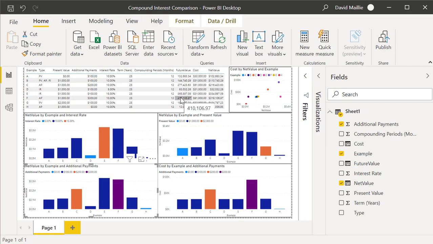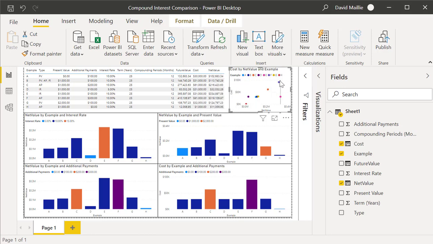Even though he had the highest future value, the highest net value actually went to this one because this one had 15%. That shows you the power of the interest rate over time, and your money reinvesting itself and compounding back.